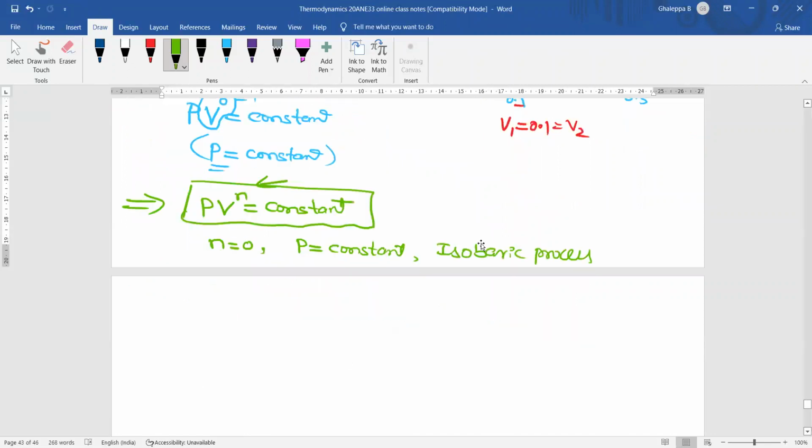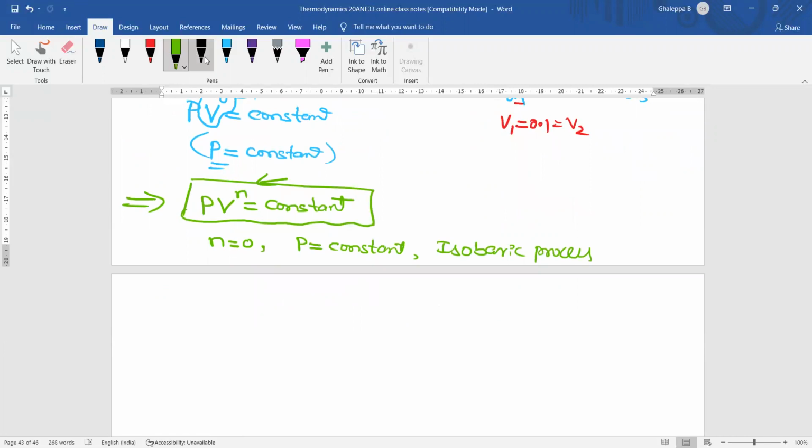Okay, next time again I will write the same equation, PV to the power of n is equal to constant. Put n is equal to 1. If you put n is equal to 1, what will you get? You will get the equation PV is equal to constant.